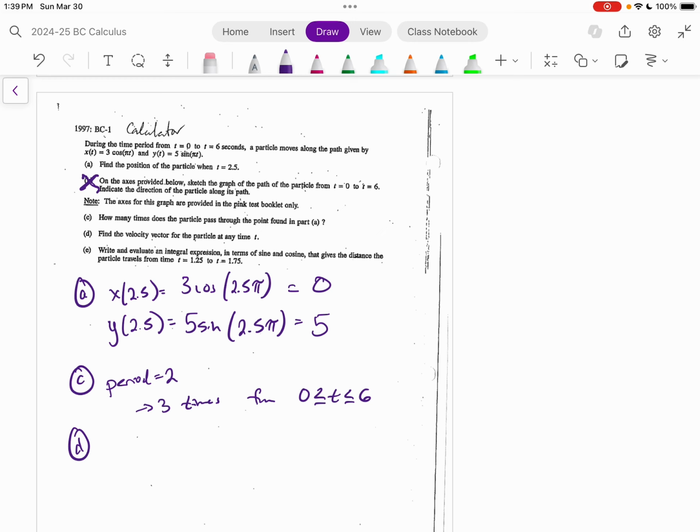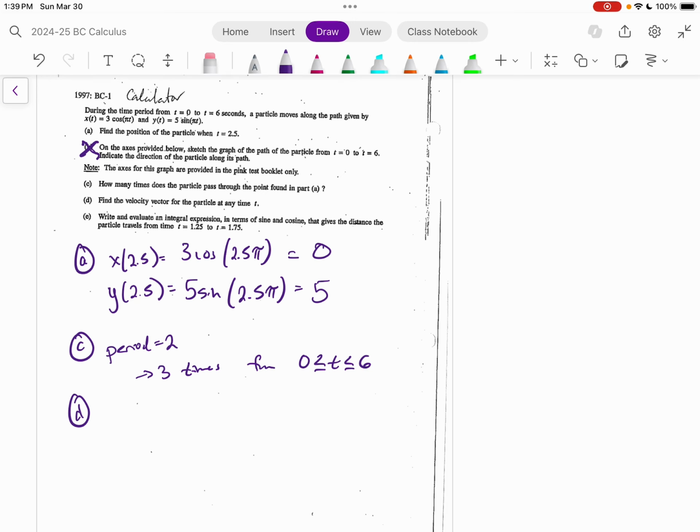Find the velocity for the particle at any time t. So this is taking derivatives, x prime of t and y prime of t. So x prime of t is going to be 3 times, oops, not 2.5. What am I doing? Pi. Taking the derivative of this silly thing. 3 pi negative sine pi t, right, because it's a chain rule.